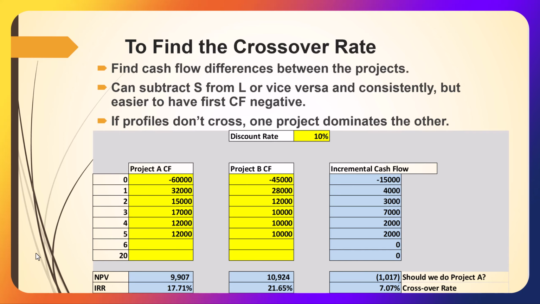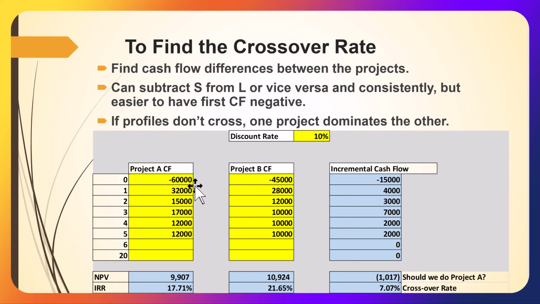Another way we can do this is what we refer to as project risk analysis. So using the projects here, you can see that I've switched these from the beginning just to make this a little easier to understand. But we want to calculate what's referred to as the incremental cash flows. All you do is take project A's cash flow and subtract from it project B's cash flow.